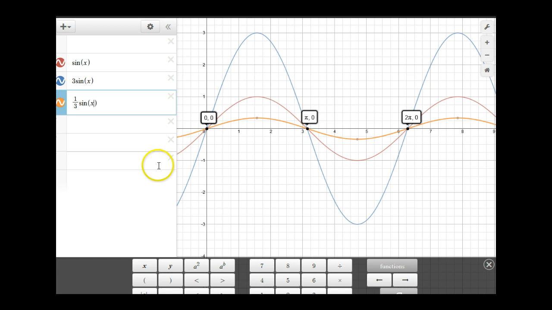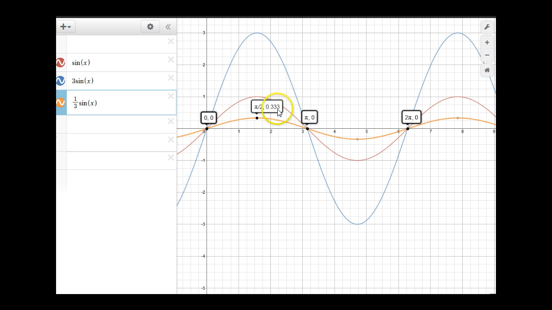Well, it basically takes your sine graph, all of your outputs, and it does a third of it. So see how this value right here, 0.333, and this value up here on this graph at pi over 2 is 1. So basically, every output I have, I take a third of that output. And here, since we're up here, at pi over 2 it's 3.